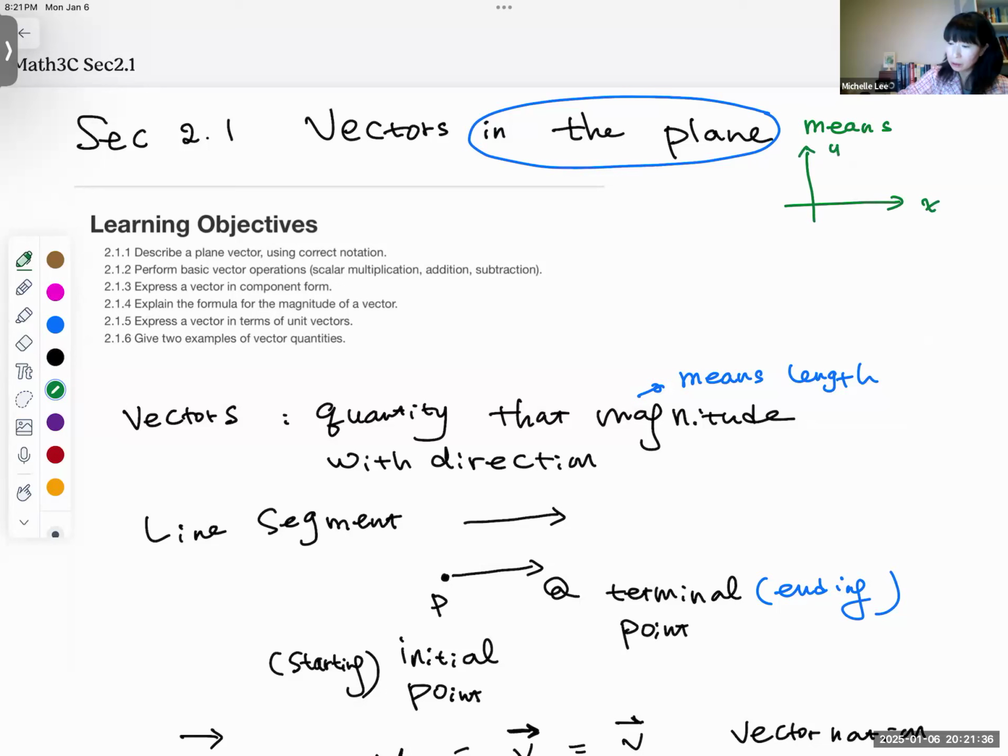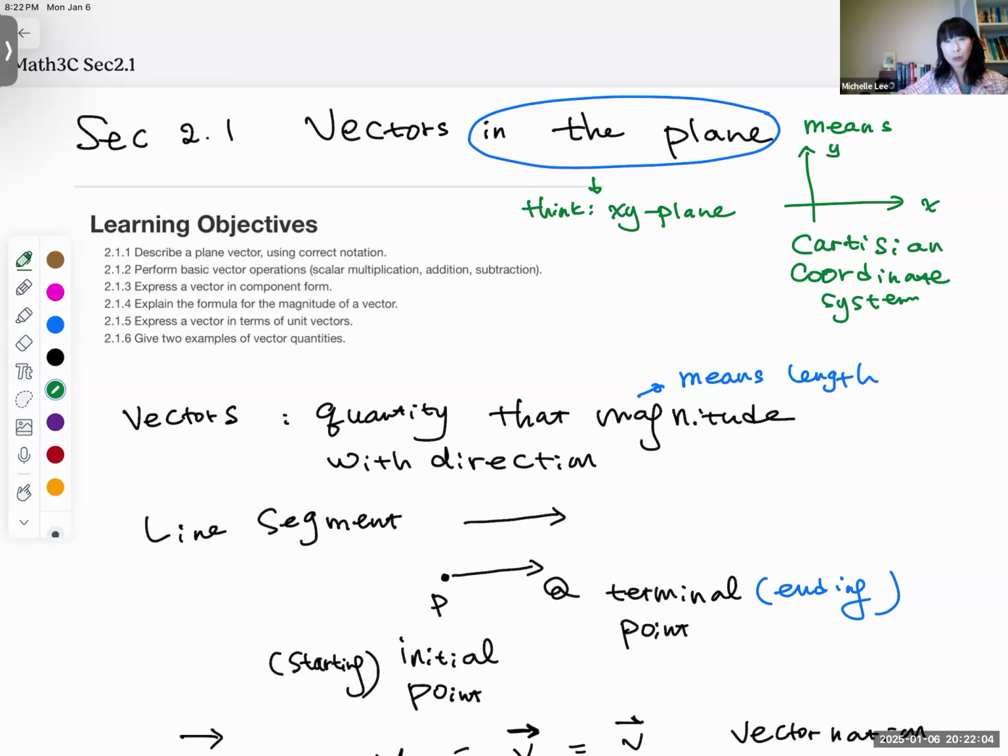Otherwise, we say the Cartesian coordinate system, which is two dimensions. So we denote it 2D.